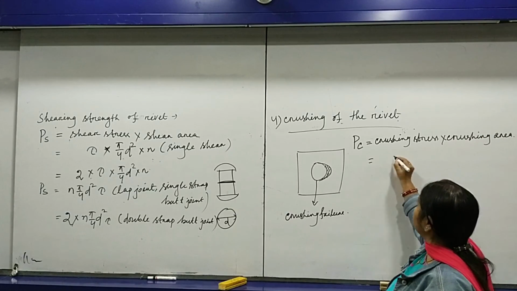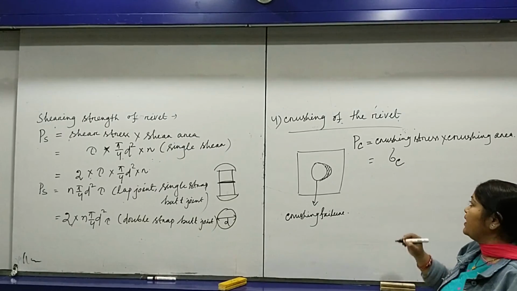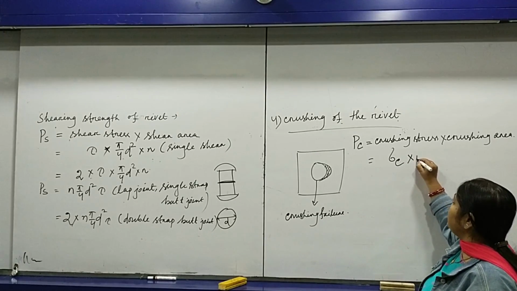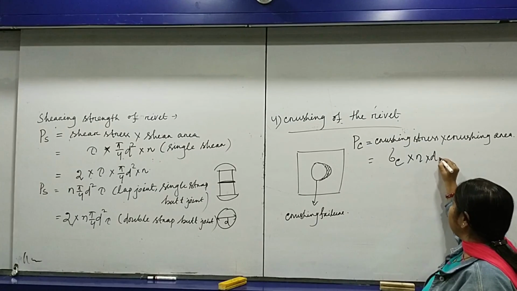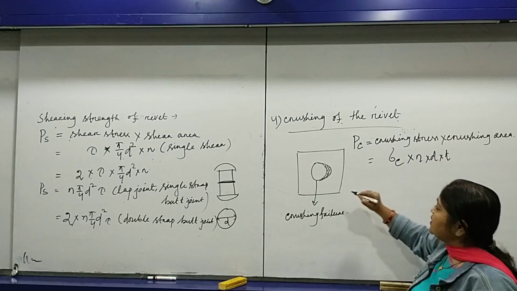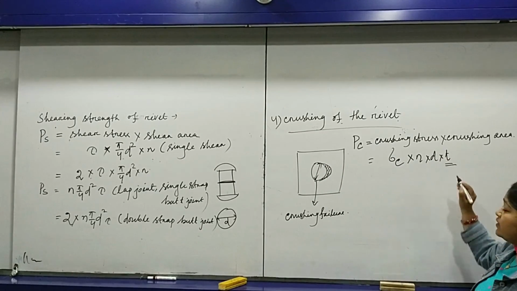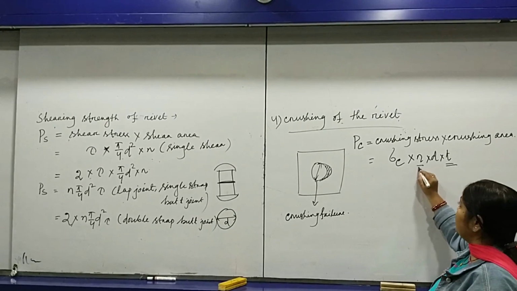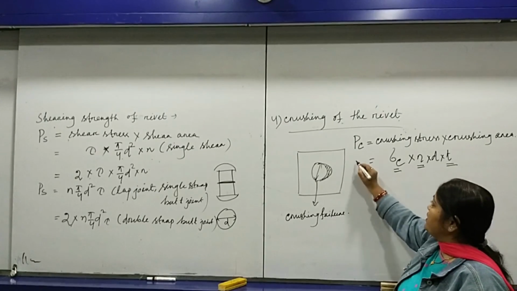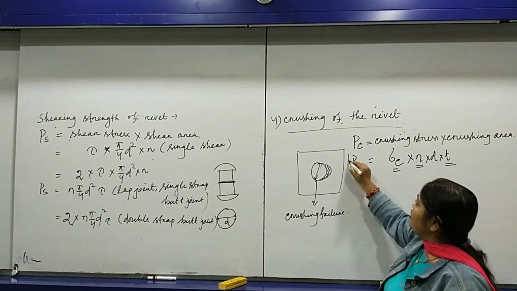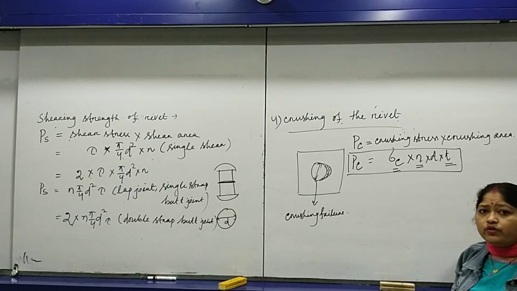So that is equal to crushing stress, denoted by sigma c, into crushing area, which for n rivets is n into d into t. Here d is the diameter of the rivet and t is the thickness of the plate. n is the number of rivets, sigma c is the crushing stress. So PC, the crushing strength of the rivet, is sigma c into n into d into t.